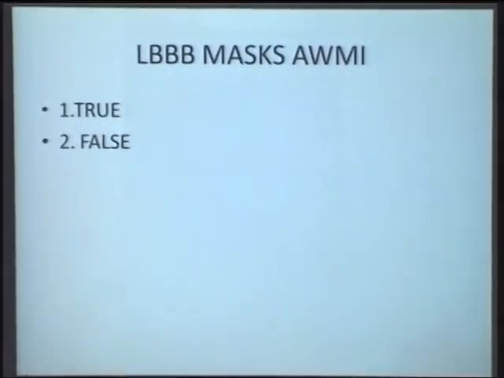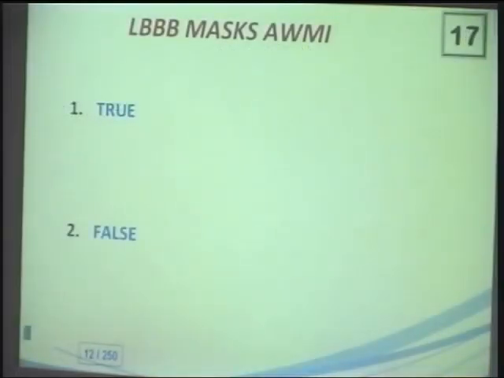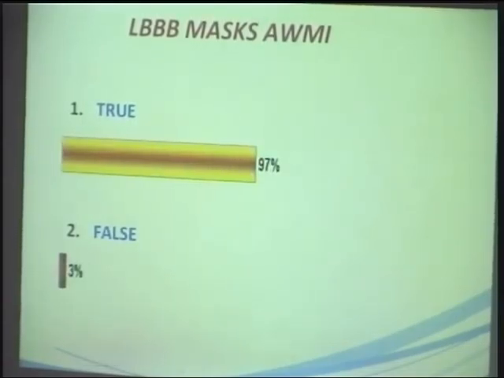Left bundle branch block, masks myocardial infarction. True, false? True, because in left bundle branch block the septal activation is altered, and the majority of your infarctions are going to affect the initial portion of the QRS.